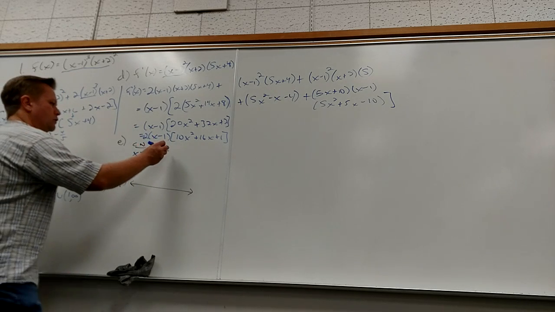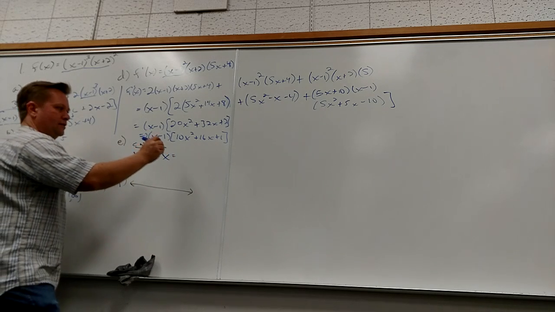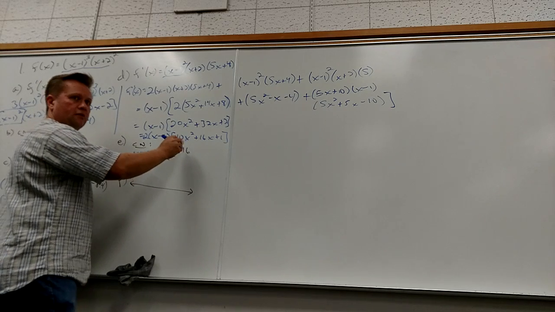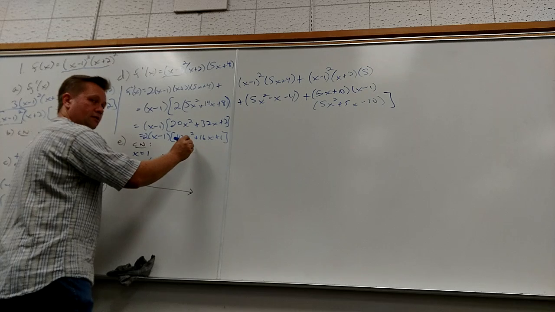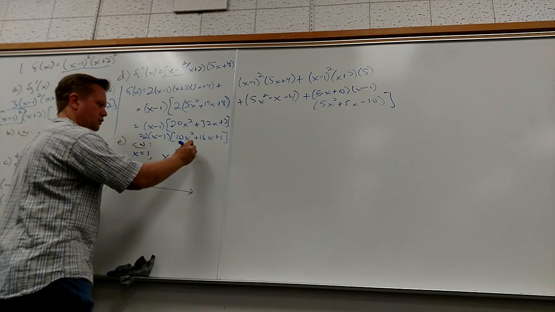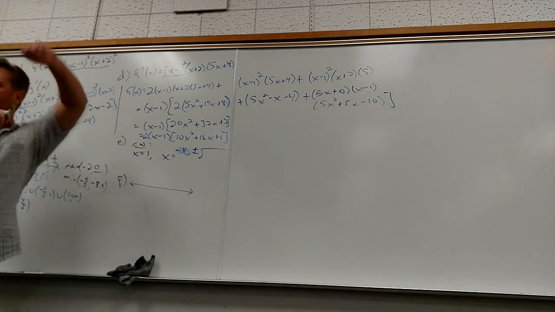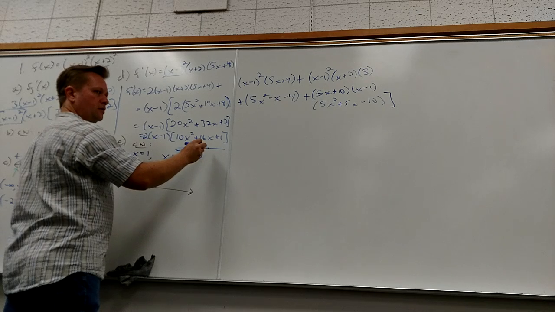So, how does quadratic formula work? Negative b, plus or minus square root of b squared minus 4ac. What is b squared? 256.